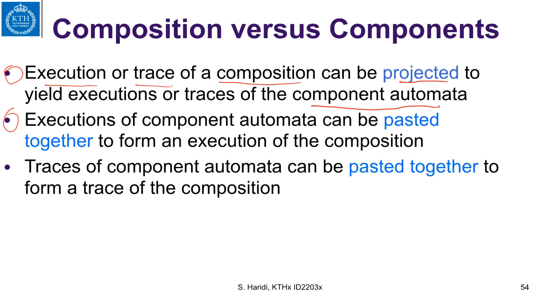Also, given executions of component automata, we can paste these executions together to form the execution of the composition. The same thing will hold also for traces. So, given the traces of component automata, we can glue them together, paste them together.